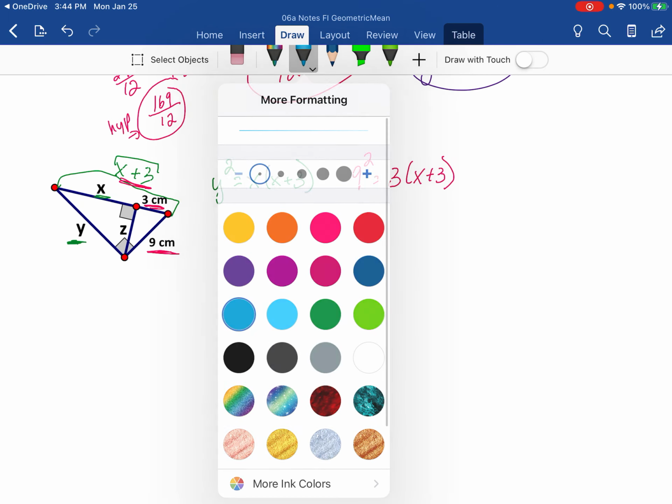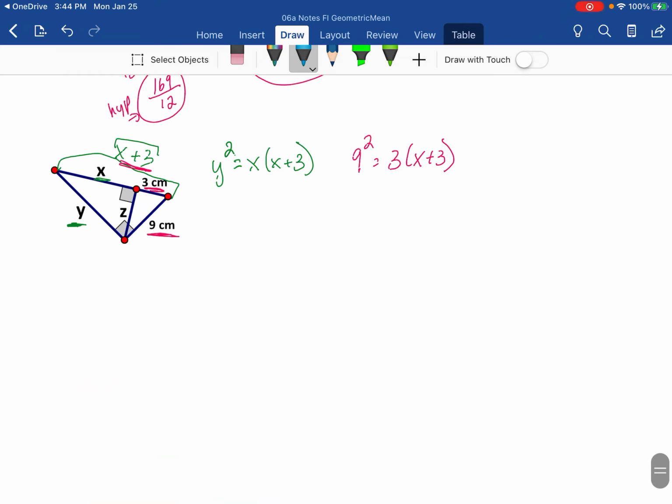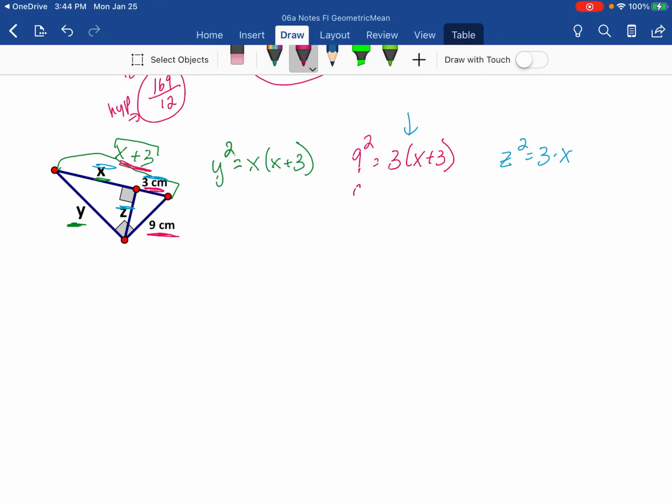And last but not least, I know z squared is equal to 3 times x. So altitude squared is equal to part times part. The only one that's solvable is that guy right there, so we're going to solve that one.